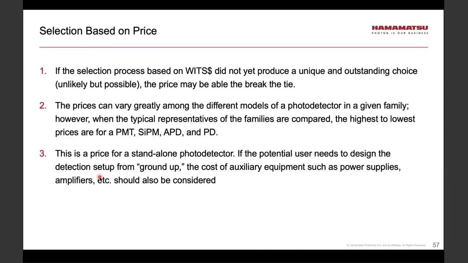So for standalone devices, the pricing would be such that PMT will be the most expensive and photodiode the least expensive. But these are for standalone photodetectors. Please note that photodetectors must have biasing circuits and detection circuits. And so a better way to look at pricing is not for individual components, photodetectors, but for the entire systems.